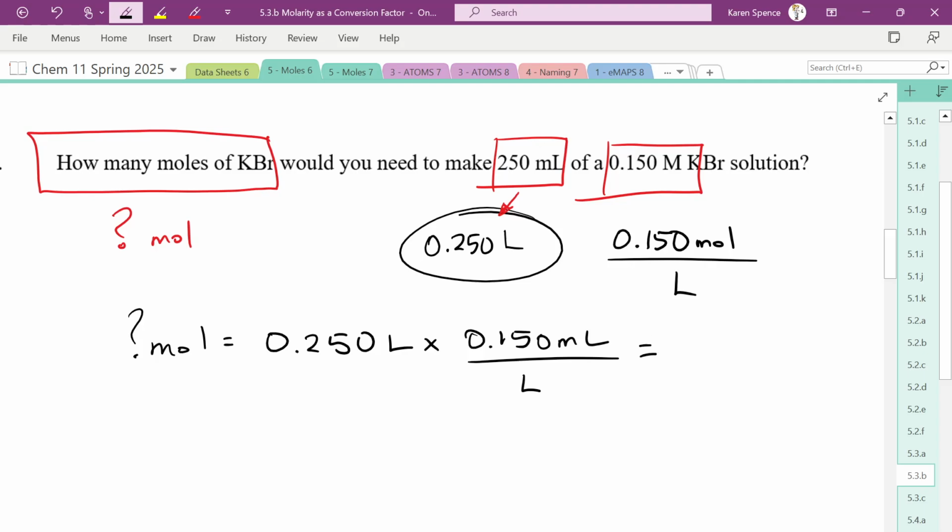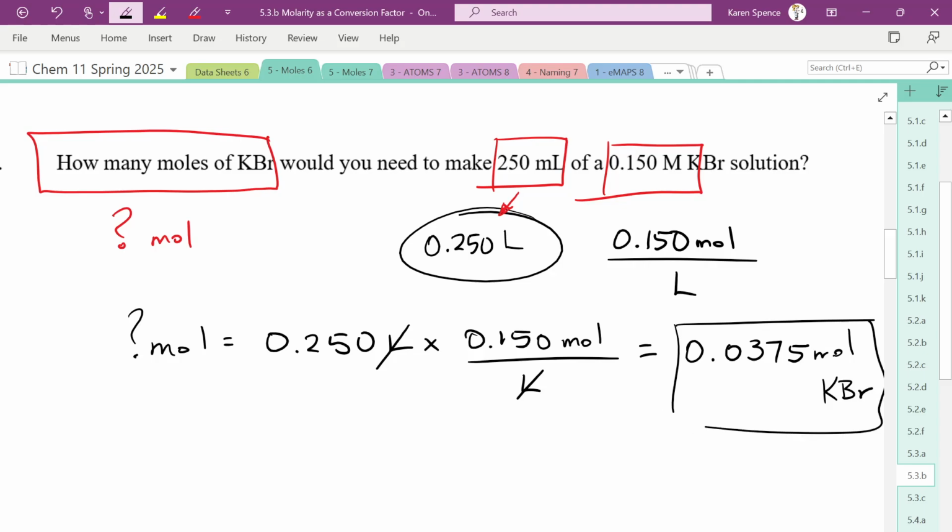And we get 0.25 times 0.15 equals 0.0375. Uh-oh, what did I do? I wrote milliliters. I meant moles. Whoopsie. Moles per liter. Liters cancel out, and we are left with moles of KBr. And I think that's the right sig figs. Yeah. So that one's good.